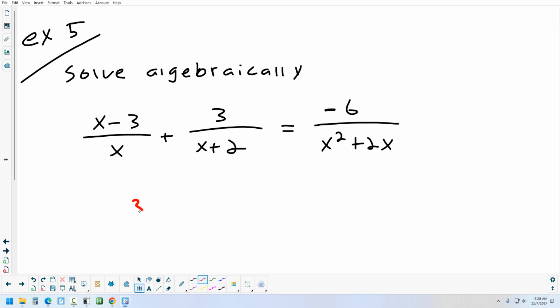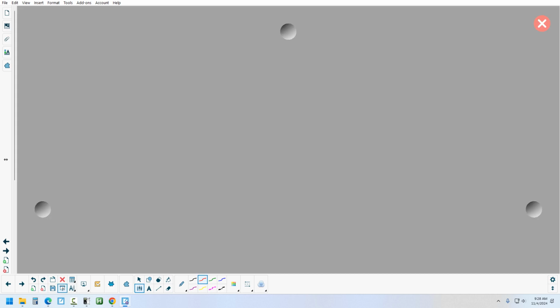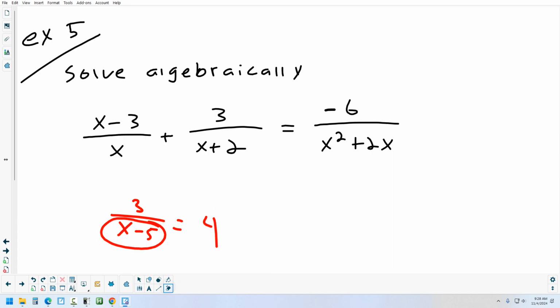If I had something like that, sometimes people get confused because there's not as many fractions. I would still just multiply both sides by x minus 5. You multiply everything by the denominators that are on the left, but in this case, there's only one of them. So we are going to do one again, though, that has 2.